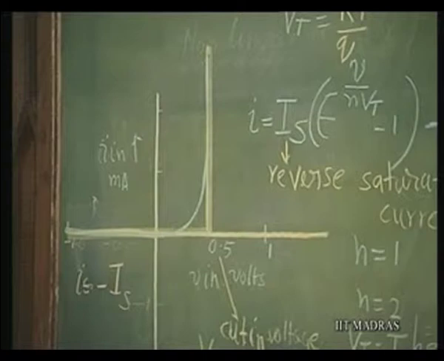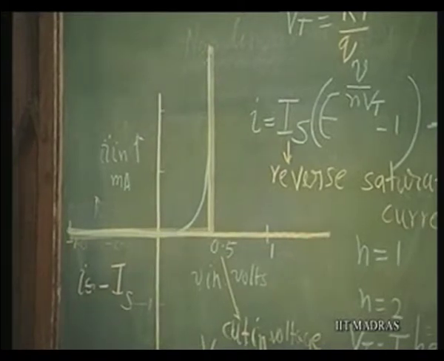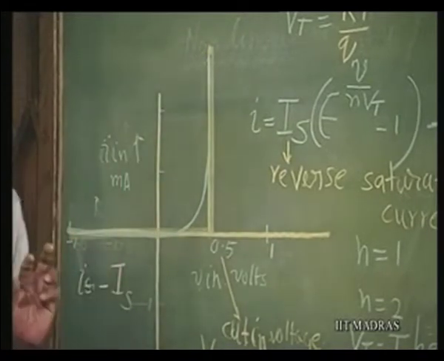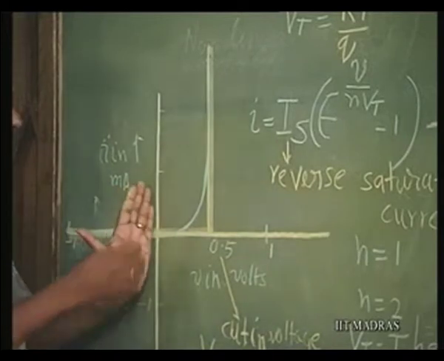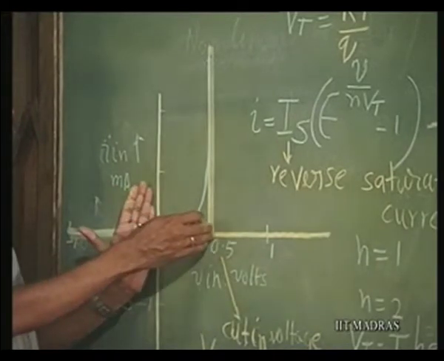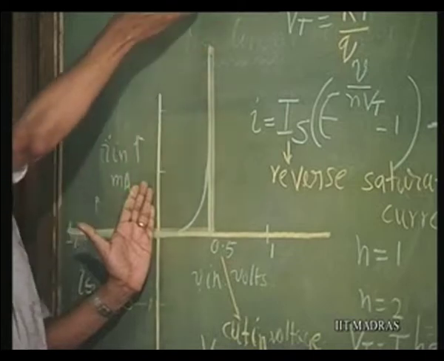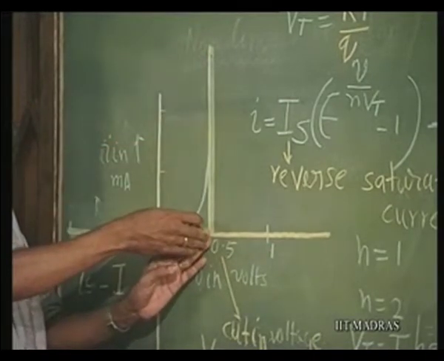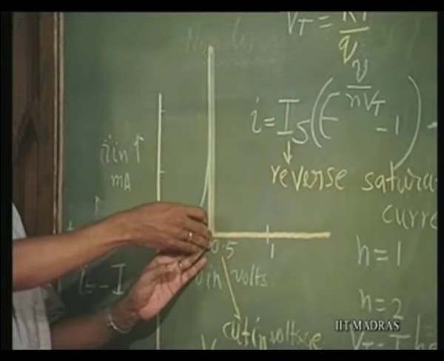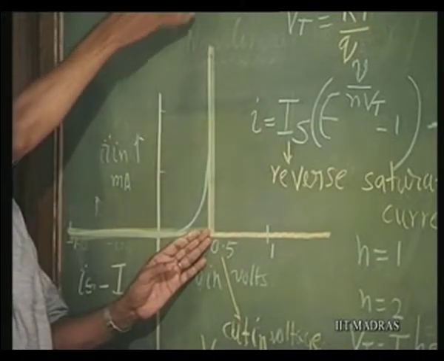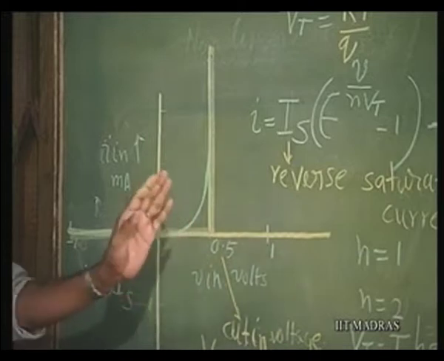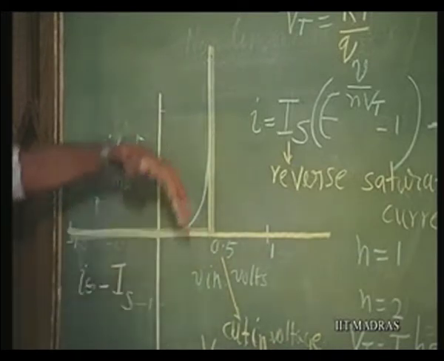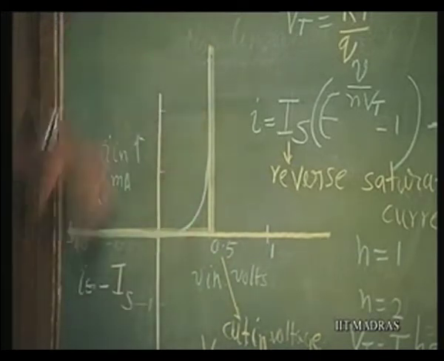A semiconductor diode therefore is not exactly the same as an ideal diode, but is supposed to behave like an ideal diode beyond the cut-in voltage. So, at or above the cut-in voltage, the current is going to increase enormously, and we have the current being permitted to flow.